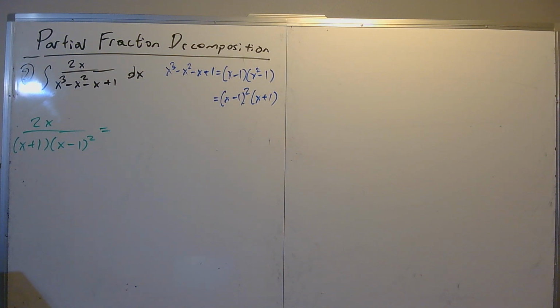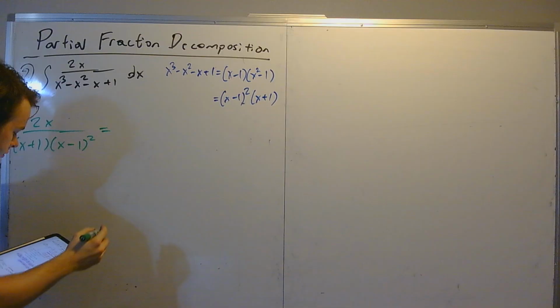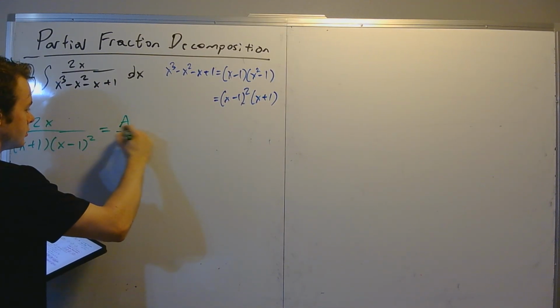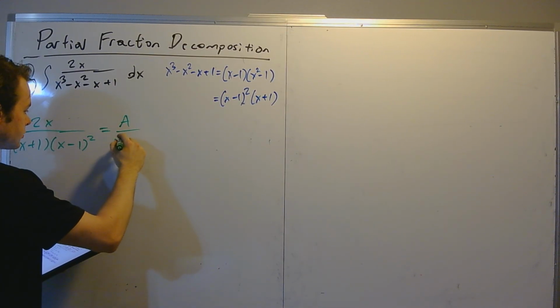And remember what I said earlier, here we've actually got 3 factors in the denominator. We've got an x plus 1, and we've got 2 copies of x minus 1, right? So we're going to have 3 fractions because we have 3 factors in the denominator. Okay, so the way we're going to write this is A over x plus 1, right?